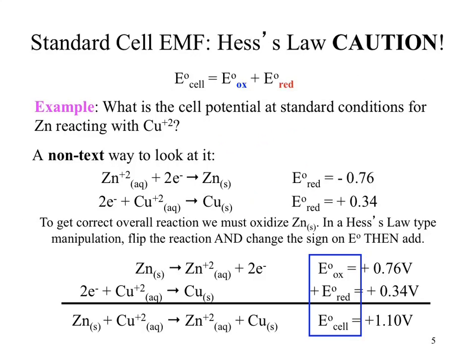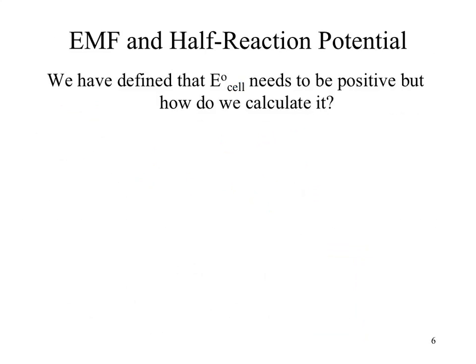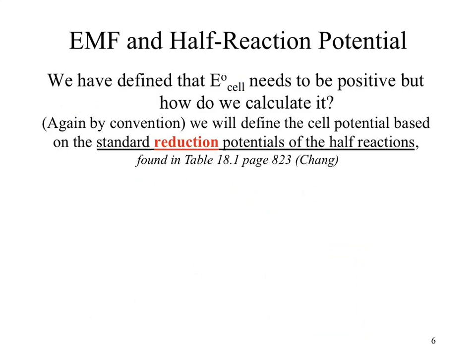Okay? The textbook takes a slightly different spin on this. So again, in convention, we'll always provide the reduction cell potentials. The one that I provided to you, and I believe the textbook provides to you, you'll see your positive cell potentials higher on the chart than your lower cell potentials. So it'll always be positive, and as you go down the reduction potentials, it gets negative.